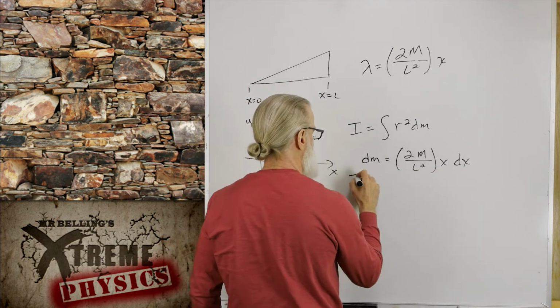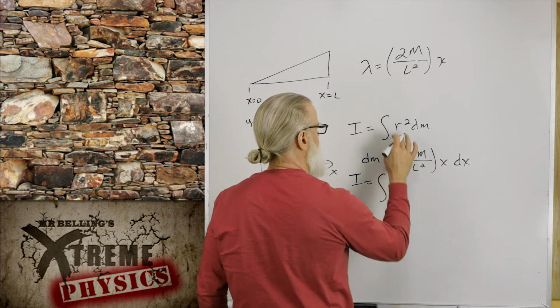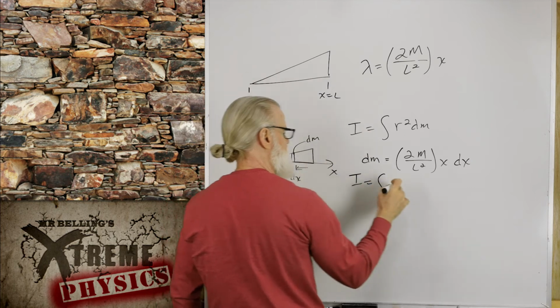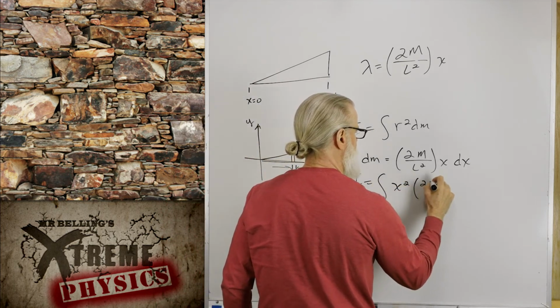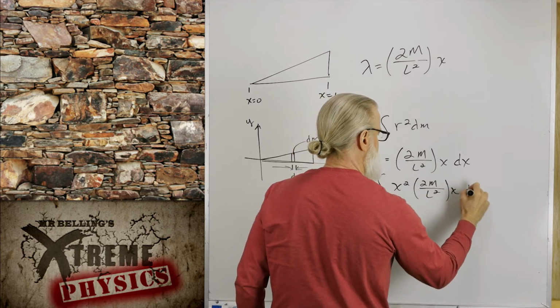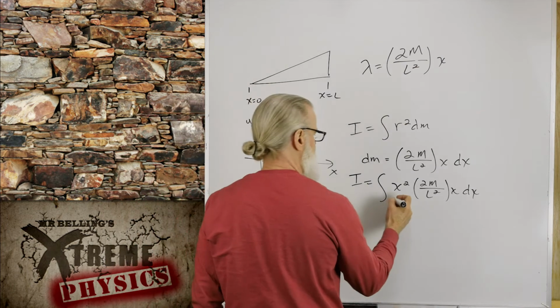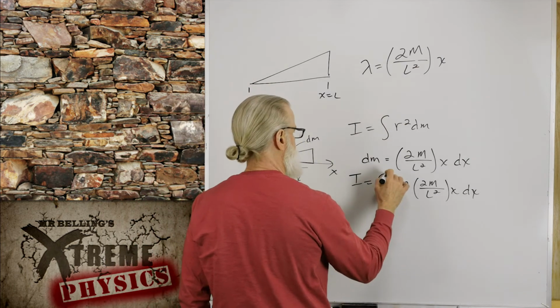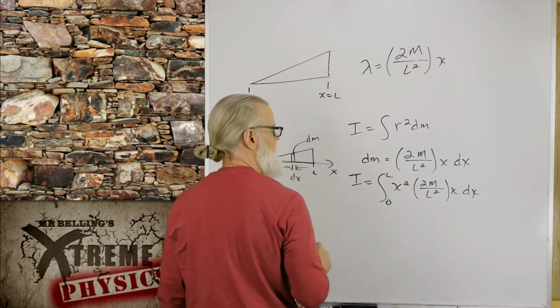So what do we got? We got moment of inertia equals the integral. I'm going to replace r with x, so x squared times dm, which is 2M over L squared x dx. And x goes from 0 to L. That's L right there. And what do we got?